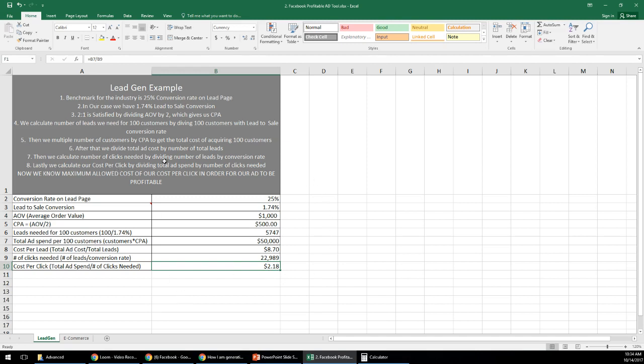Here are the steps that I'll outline, and here I put in a little note. Now we know the maximum allowed cost per click in order for our ad to be profitable. Basically, if we want a 2-to-1 ratio, we have to keep the cost per click at or under $2.18.